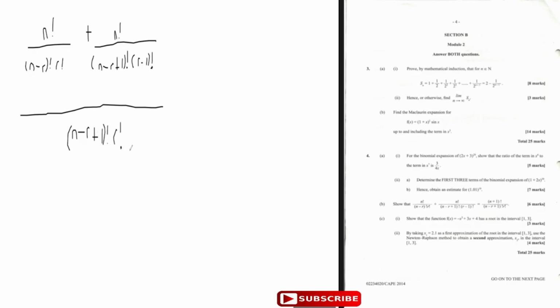We know that if you had a number like 5 factorial, it can be written as 5 times 4 factorial.